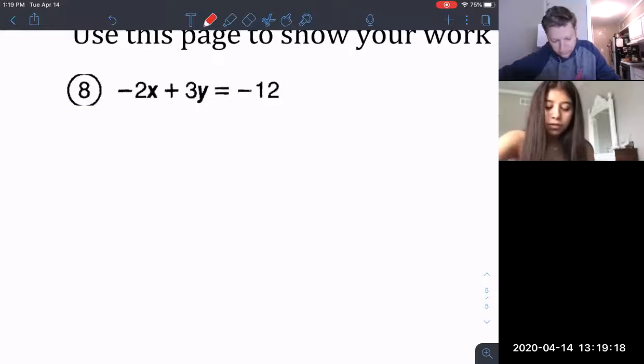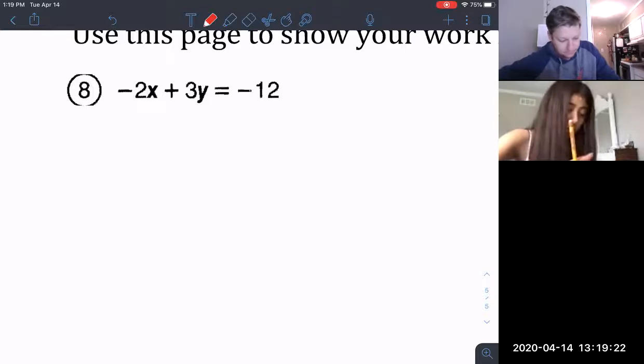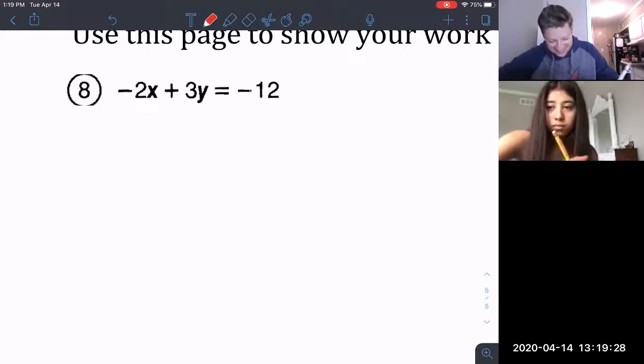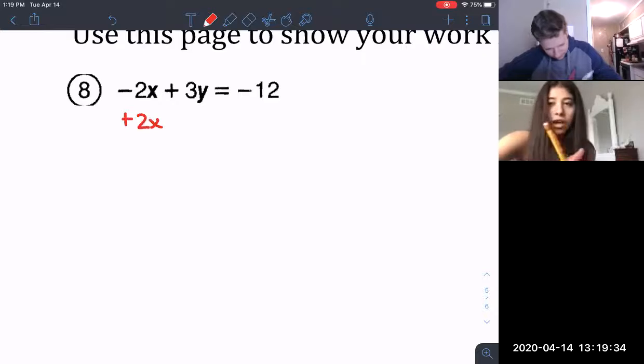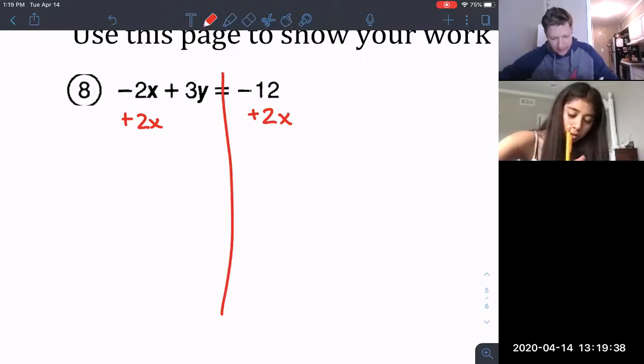The negative 2x. Bingo. And how do we do that? You add. Which one? Oh, no, so you would add the 2x and then the negative 12. Good. Okay, so yeah, give ourselves a line there.